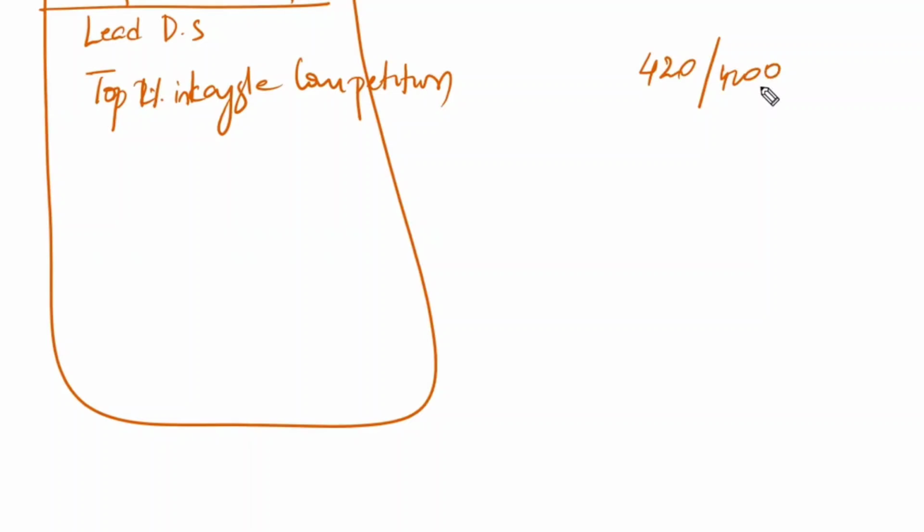Out of 4,200 means you are in the top 10 percentile. Out of 42,000 means you are in the top 1 percentile. Out of 4,20,000 means you are in the top 0.1 percentile. The denominator depends; the numerator does not. The division value, the denominator, is what is important.